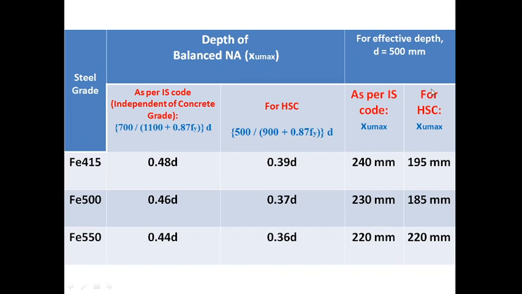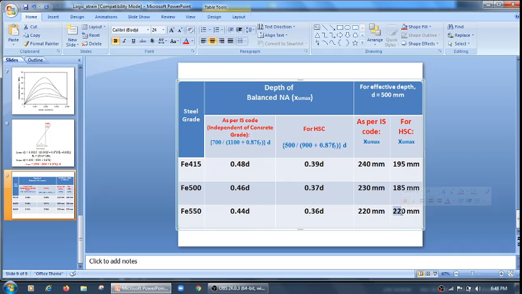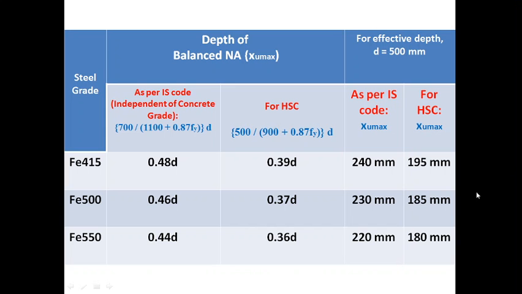Whereas for high strength concrete it will be 0.39d, that is 195 mm. Again for Fe500 it is 230 and 185 respectively, and for Fe550 it is 220 mm, and it is not 220 here, it is 0.36 into d. So let me do 0.36 into 500. So it is 180 mm.